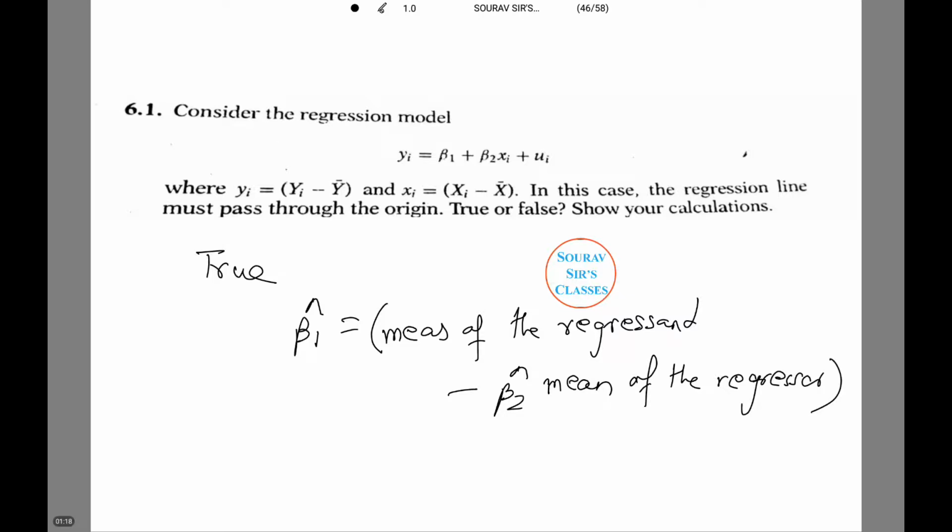But when y and x are in deviation form, their mean values are always 0. Hence, in this case, the estimated intercept is equals to 0. Moving on to another question.